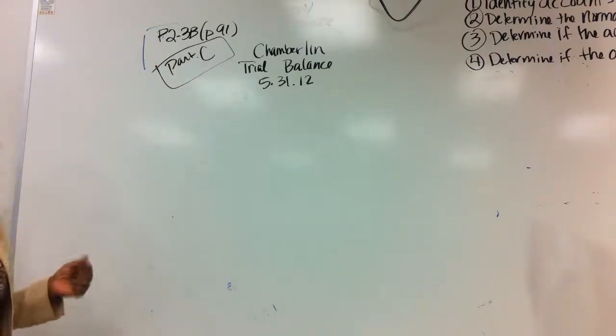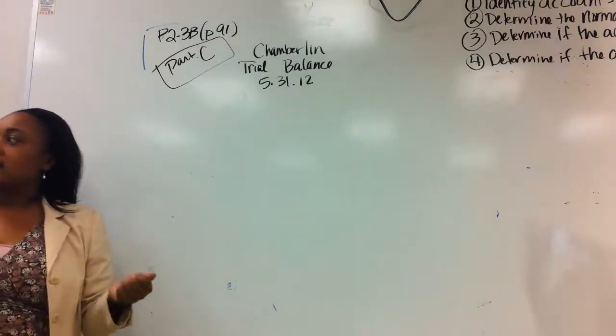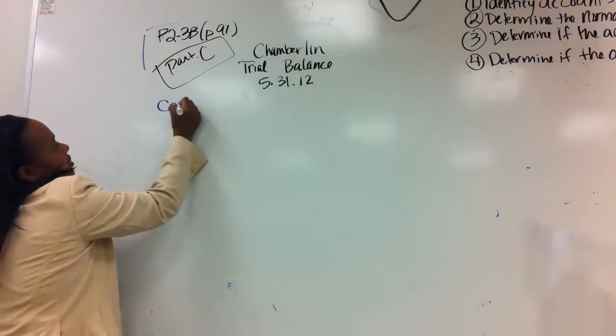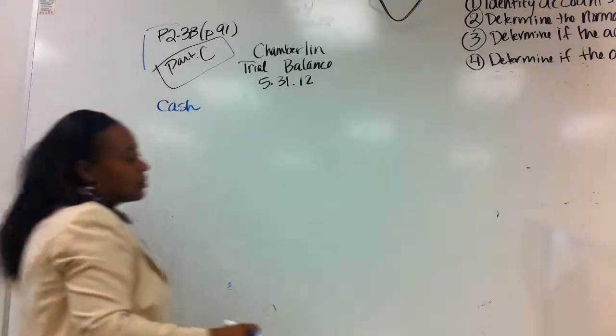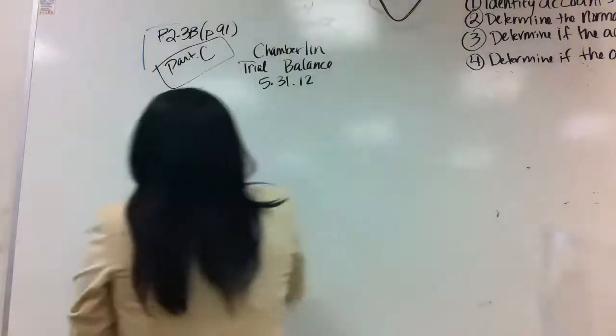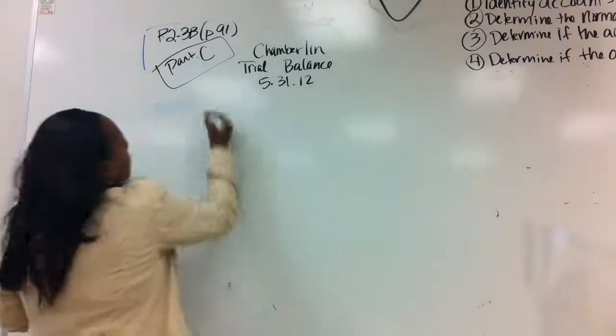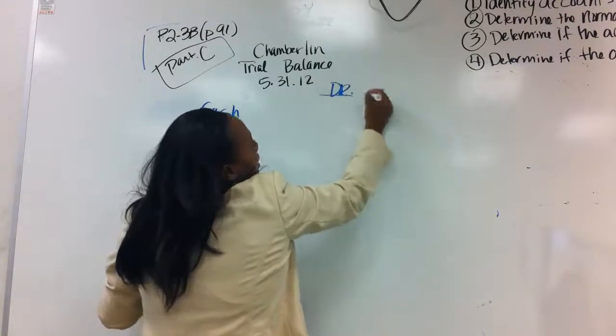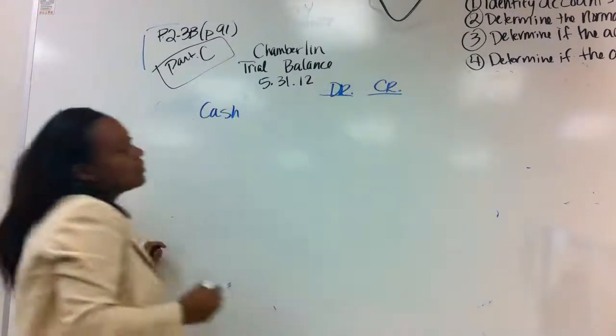Now the very first account, which account are you going to list? Cash. So the assets are listed first. We're going to have a debit and a credit column.